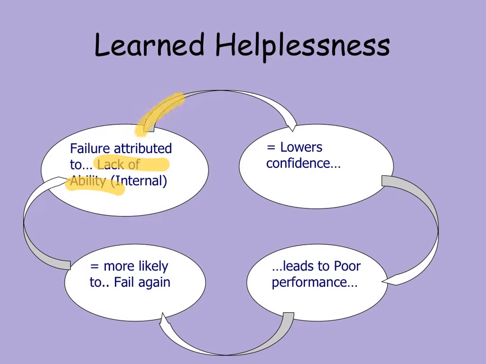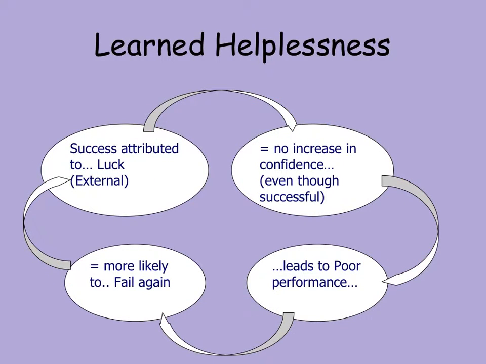Attributing it to our lack of ability actually lowers our confidence, and that lower confidence we know leads to a worse performance, and this means we're more likely to fail again, and we're then more likely to attribute that failure to our lack of ability because we think that that is the reason for failure. We don't think we're a very good performer.